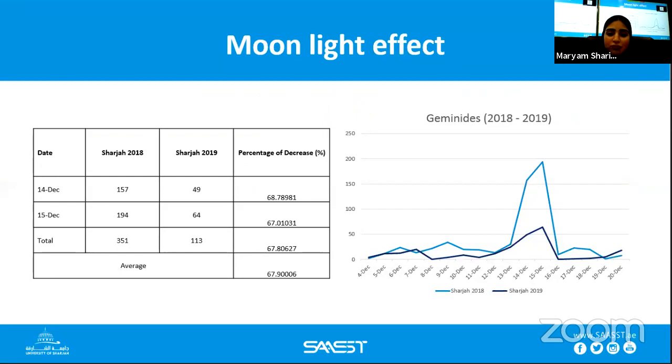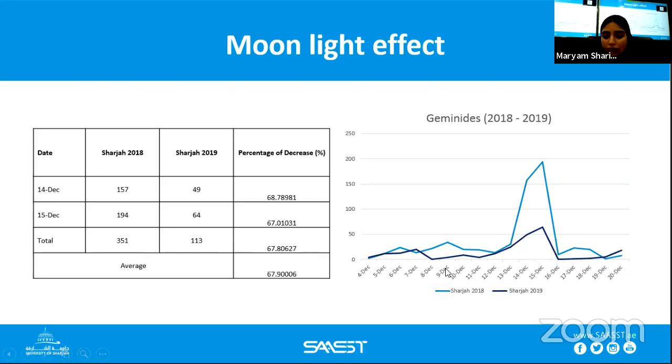We have compared Sharjah 2018 with 2019 observations during the December period, which is for the Geminids meteor shower. We took the peak days of the shower, the 14th and 15th, and compared them, and we saw that about 67% of meteor observations decreased.